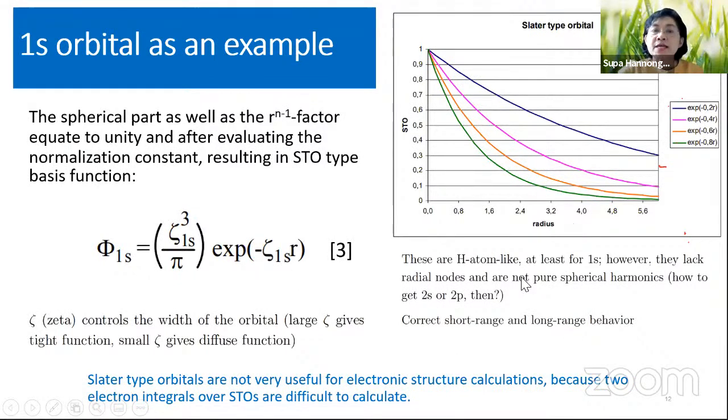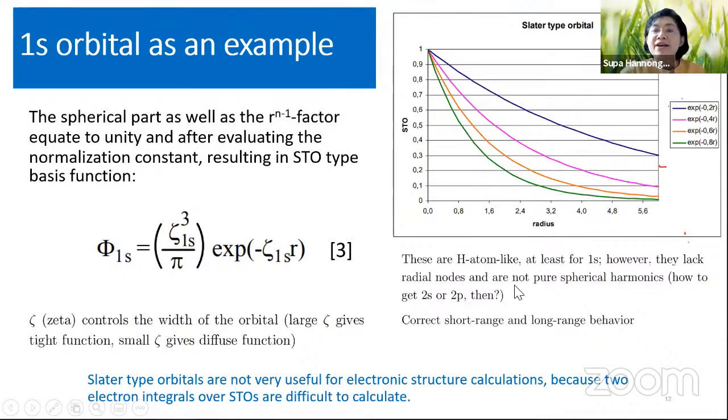So in this plot, these are the hydrogen atom-like orbitals, just one electron, at least for the 1s orbital. However, this kind of function lacks radial nodes. You may remember that orbitals need nodes, but for 1s there is no node.